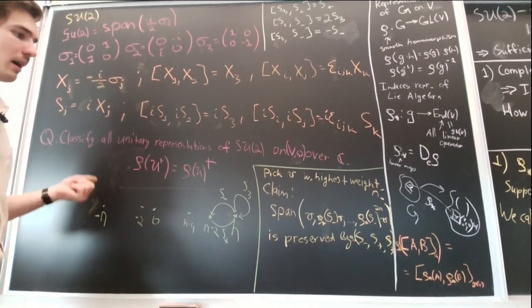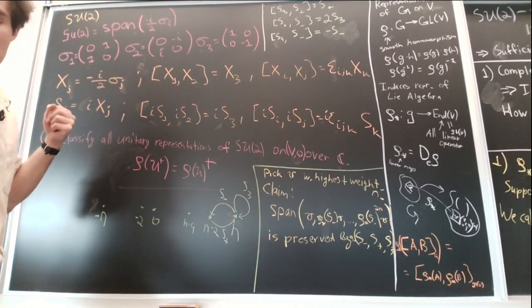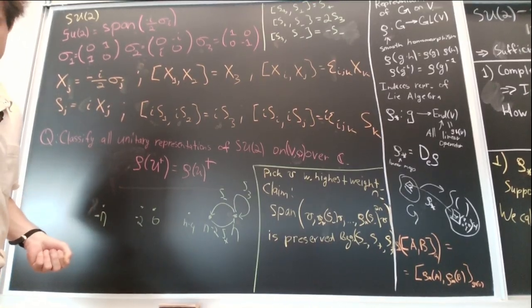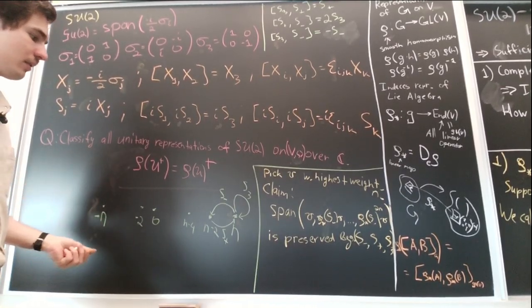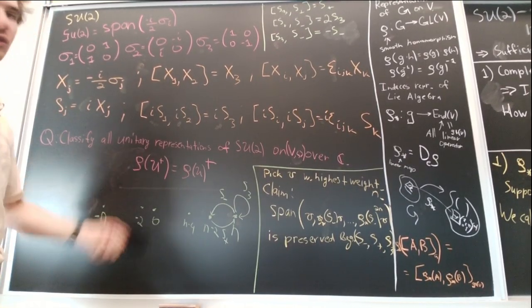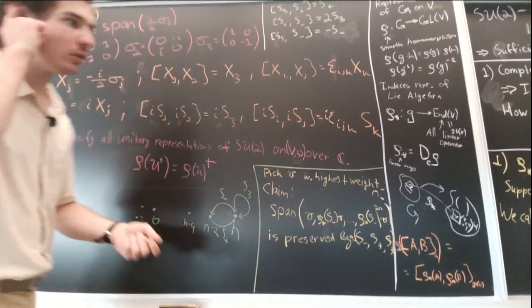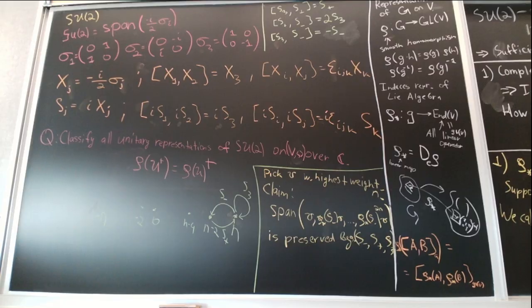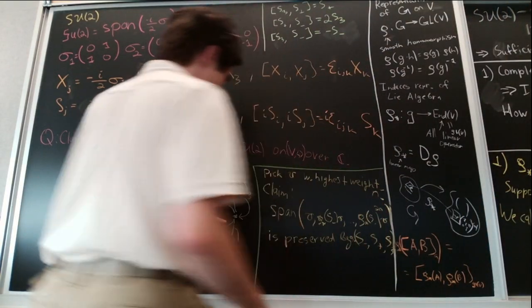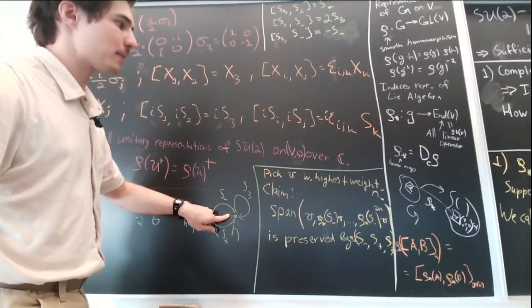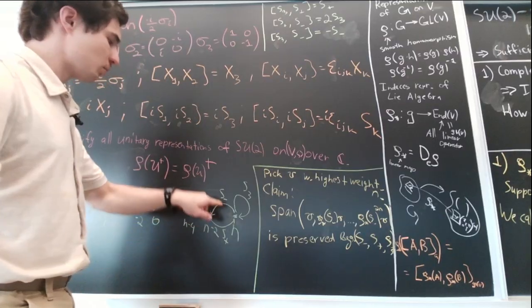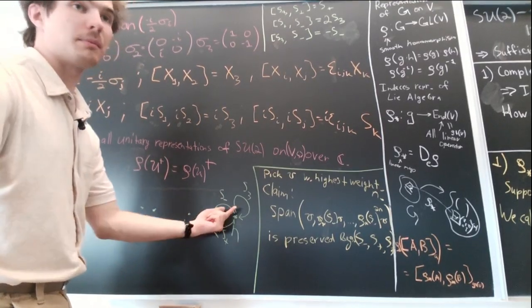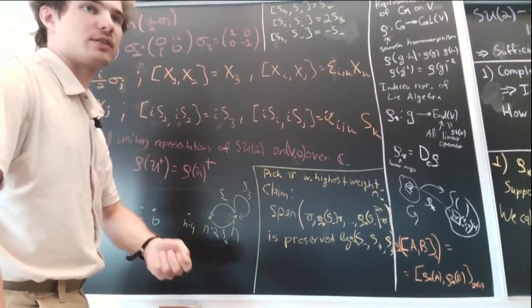How do we prove all of these things? All of these things you can prove by induction. What you do is you pick some vector with the highest weight, and then you bring it down by S minus, bring it up by S plus, and show that it's the same vector.